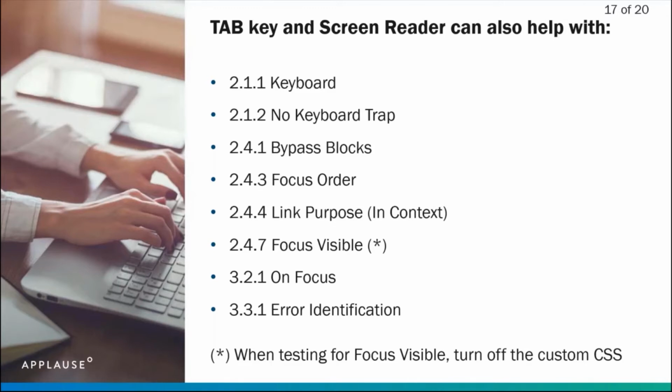Is that error message associated with that form entry when you tab off and tab back on? Typically that's done through aria-describedby, but that's another thing you can test for using the keyboard or using the tab key and the screen reader.